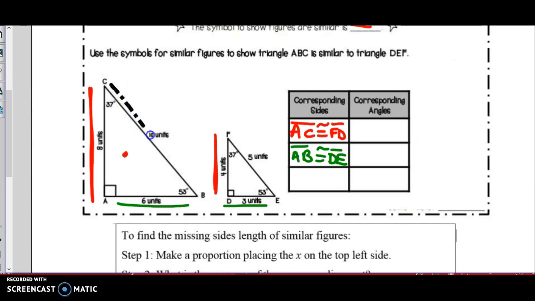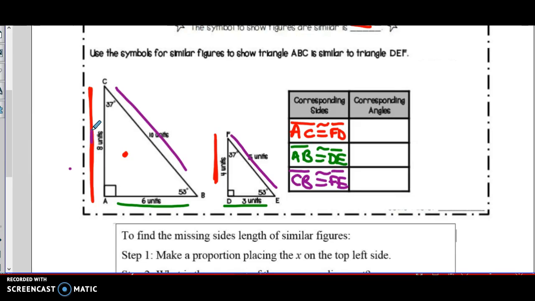My next side, or my last side, side CB, is similar to side FB. And again, if I look at all the side lengths, all I did was divide by 2. 8 divided by 2 gives me 4. 10 divided by 2 gives me 5. And 6 divided by 2 gives me 3.